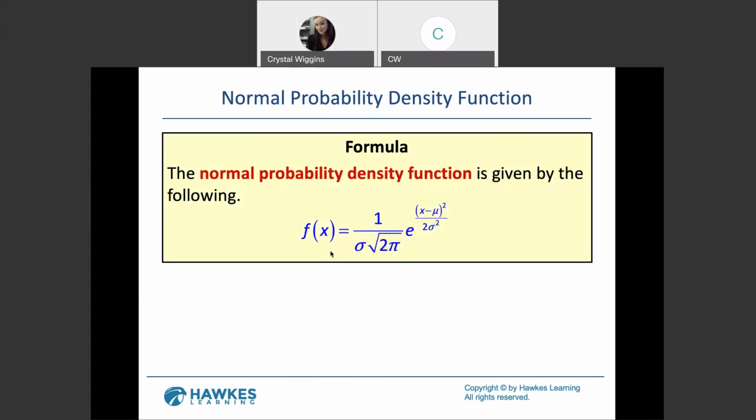The normal probability density function is given by a really hideous formula. Luckily, we don't need to use this formula to calculate probabilities or heights of the function at any given point on the curve. If you're wondering where this function came from, that would involve calculus. Asymptotes would describe what's going on with the function and its end behavior, and the function itself is derived through calculus.